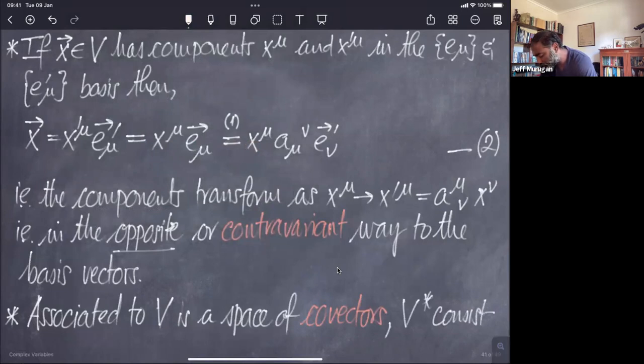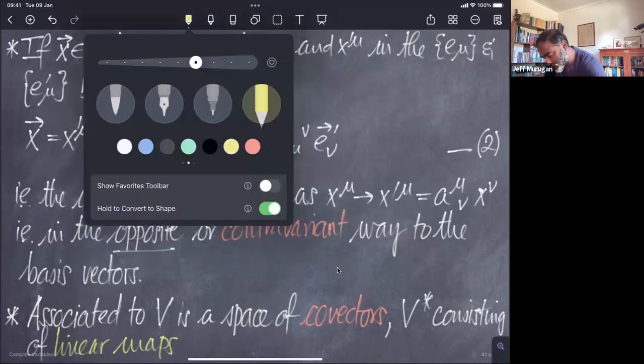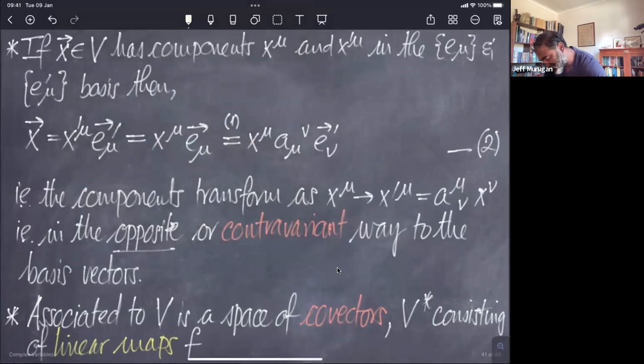And V star consists of linear maps, let's call them F, that take V to R. So again, if you remember what you did when you learned about covector spaces and the dual space to a vector space, given some vector in the vector space, I could find an object, which was the dual vector or covector, such that when I paired these two things up, they gave me a real number.